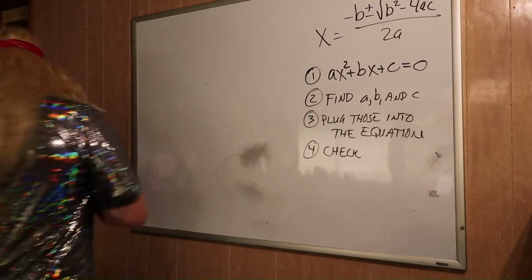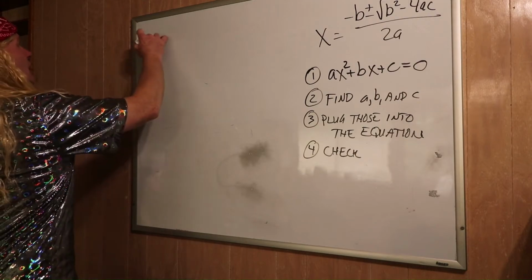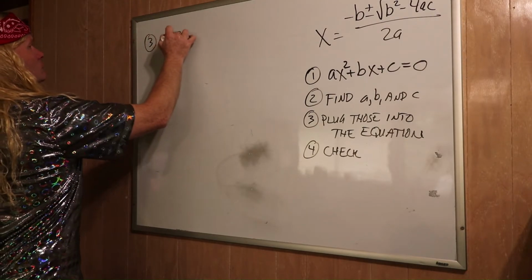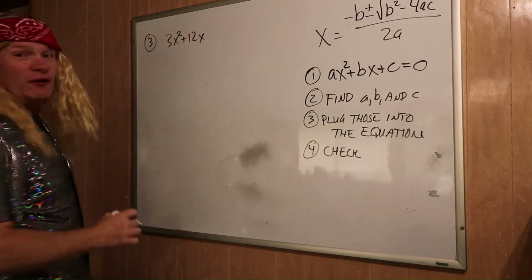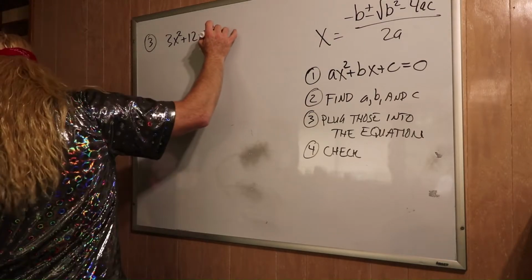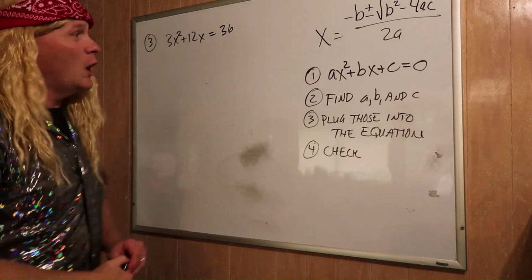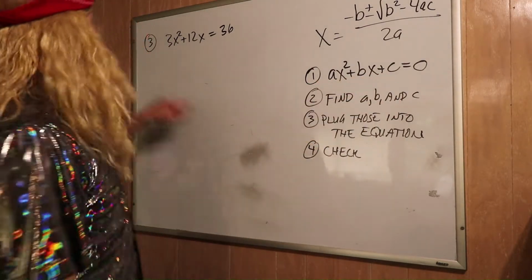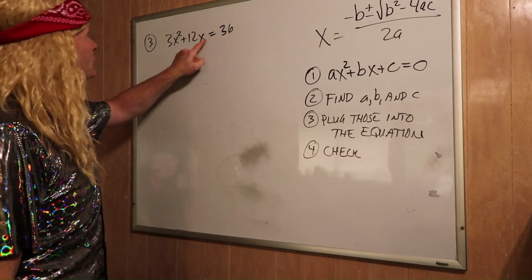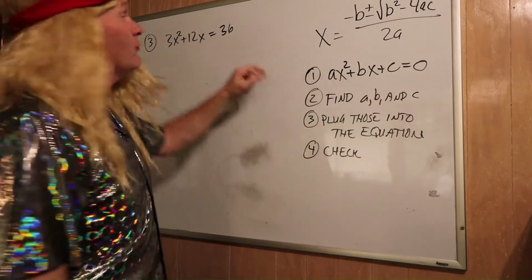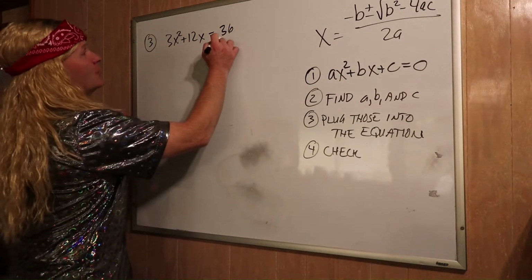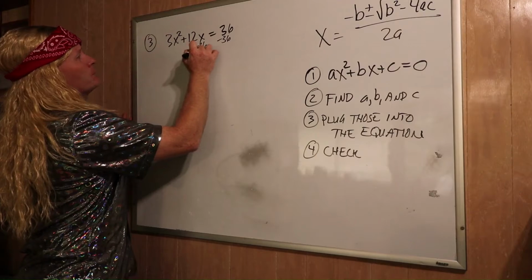Alright, last one. Here we go. 3x squared plus 12x equals 36. Here we go, rockers. Let's see. Step 1, get it in standard form. We've got to get the c over on the other side and the 0 here. So I'm going to do minus 36.